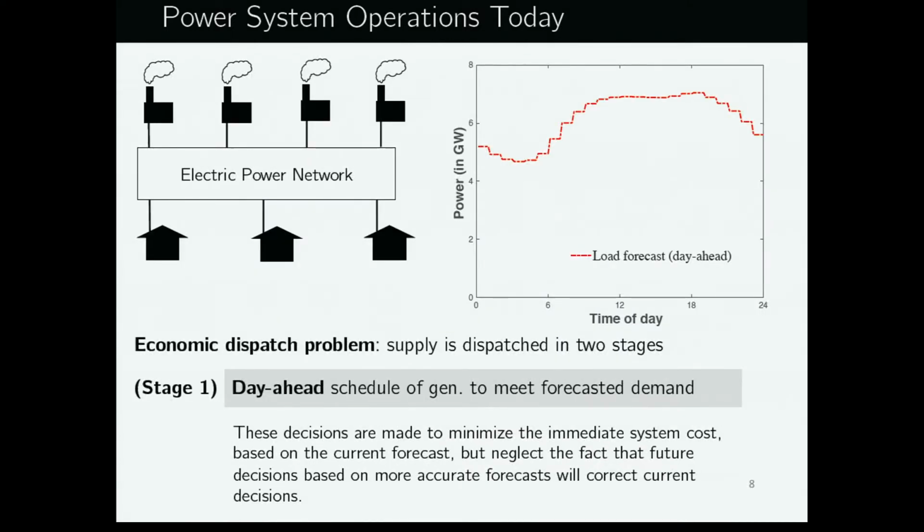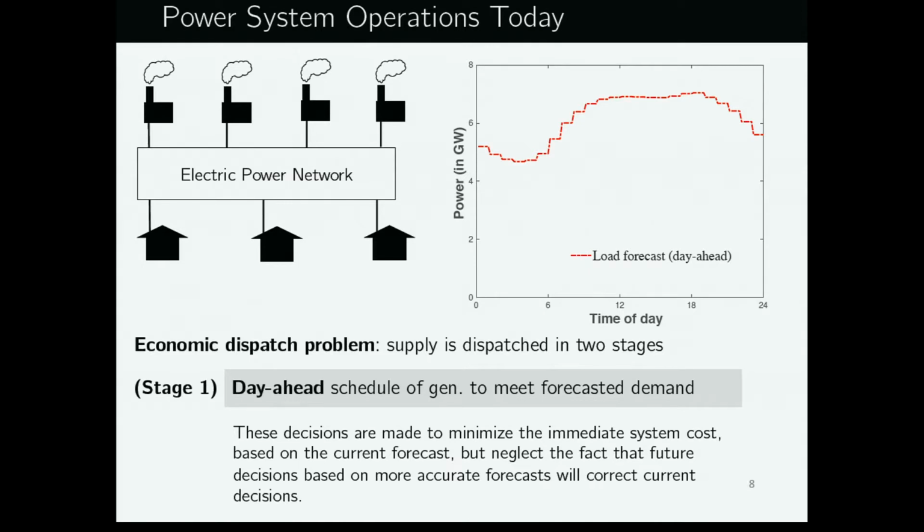Okay, so operations. What do we mean by power system operations? The stylized model is two-stage. So day in advance, the system operator has a forecast of demand, this dashed line. It dispatches generation, again in a least cost fashion, to meet the expected demand, this forecast.